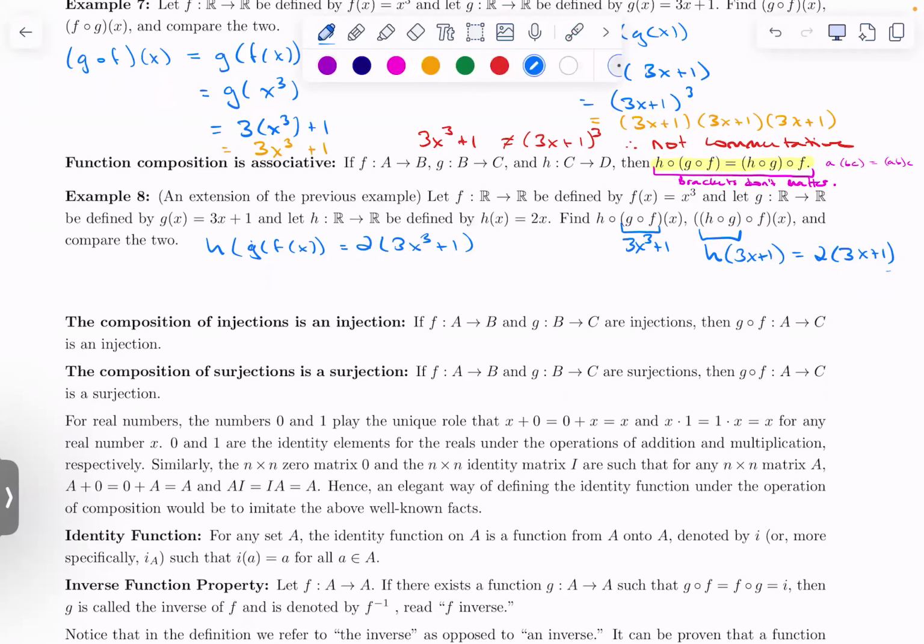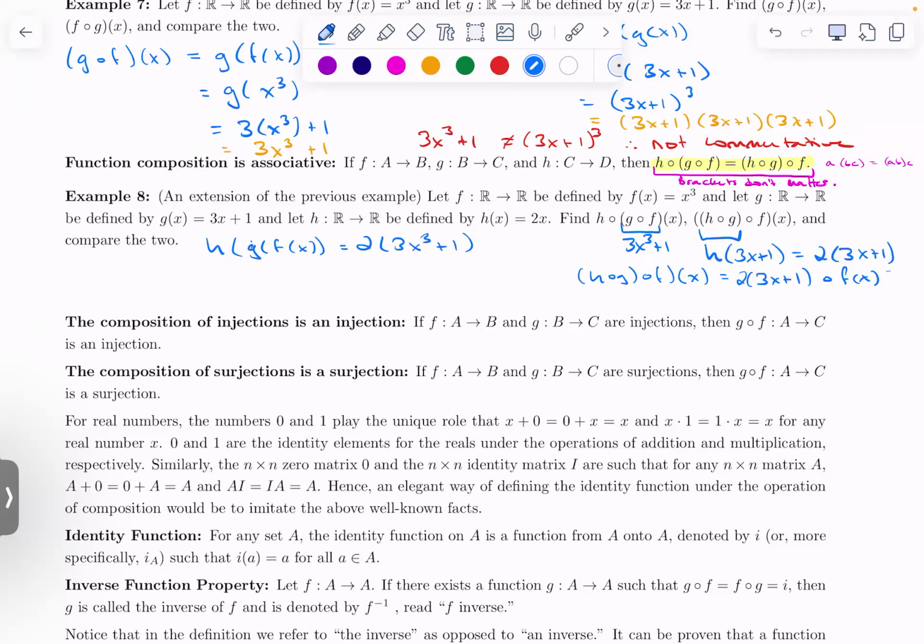So now let's do this. h of g of, I'll just do this, composed with f of x, which is x to the 3.